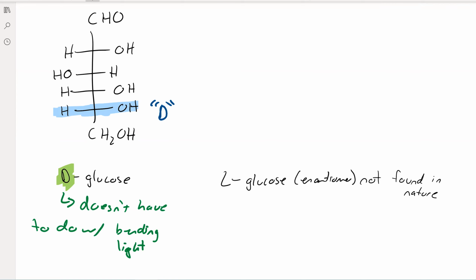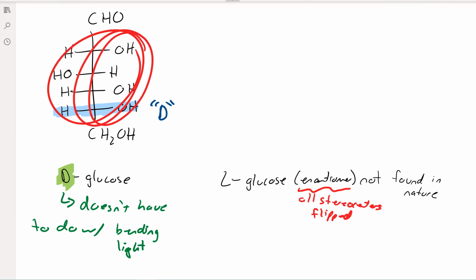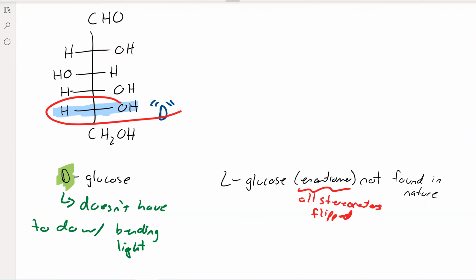Remember that in order to have an enantiomer, all of the stereocenters are flipped. So all of these stereocenters would have to be flipped. If you only flip one of those, then it's a different type of sugar. It's no longer glucose, it's something else. We'll take a look at that in a minute.